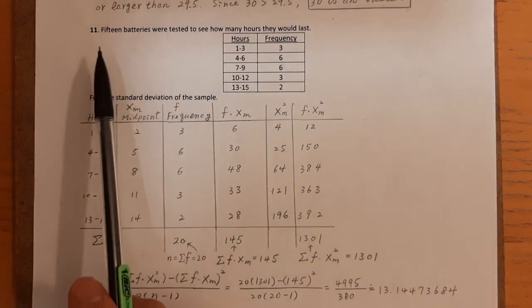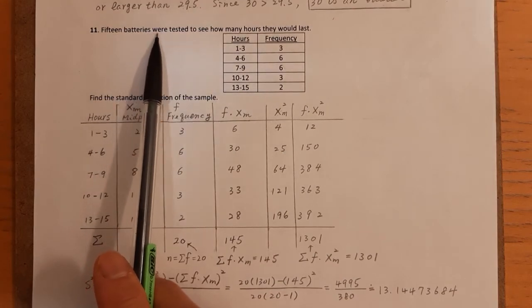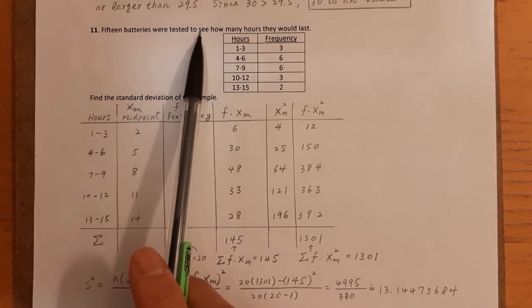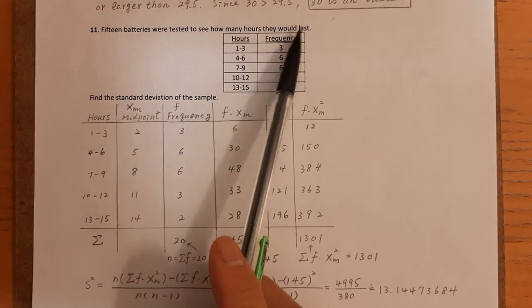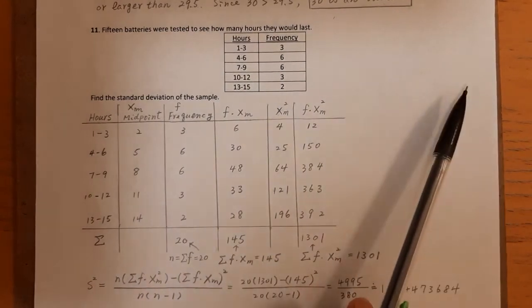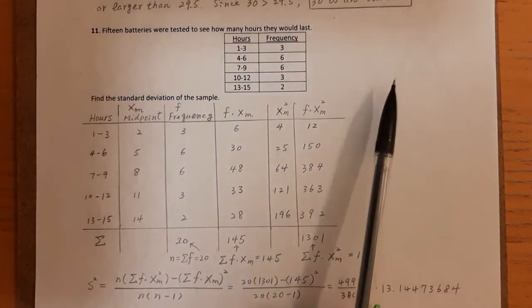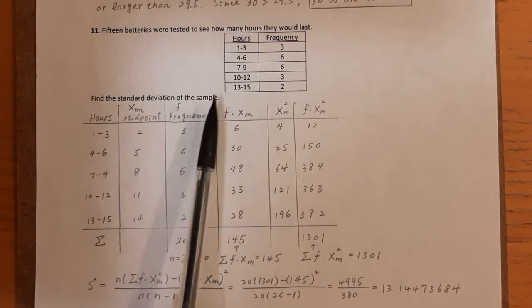So this is going to be: 15 batteries were tested to see how many hours they would last. And here is the frequency. 15 batteries. Find the standard deviation of the sample.